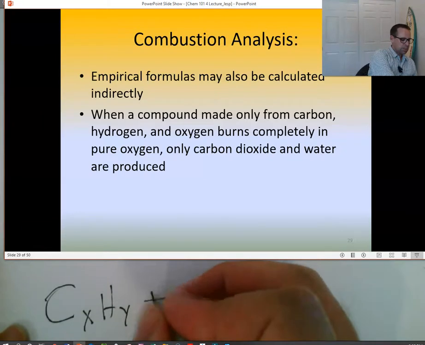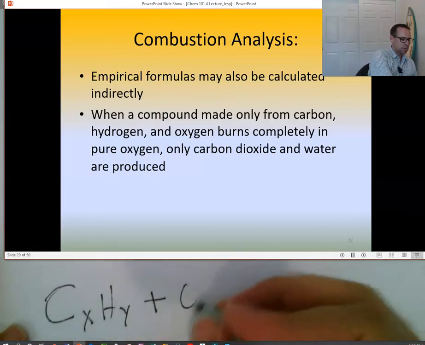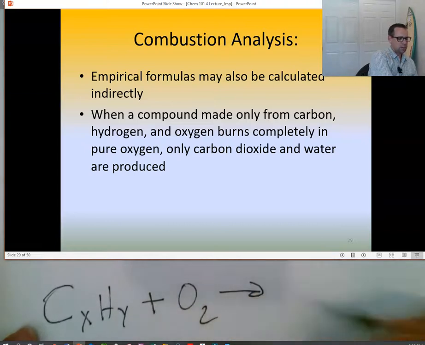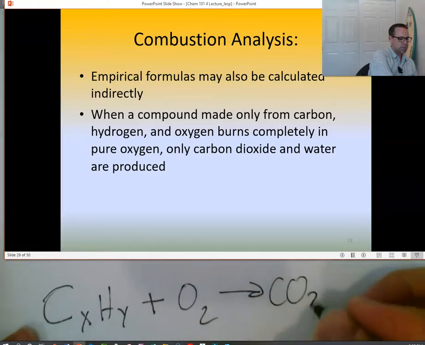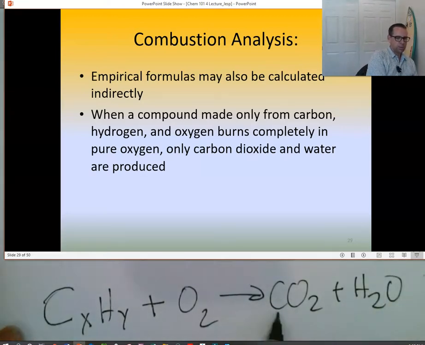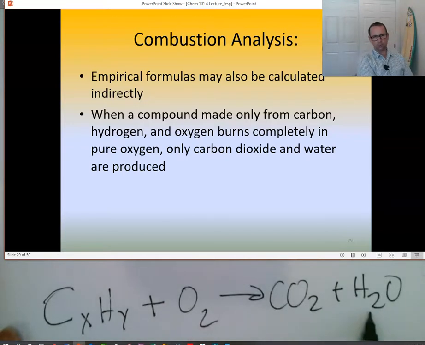And combustion means combining that organic compound with oxygen gas. When you do that, the products are carbon dioxide and water. The carbon goes with the oxygen to form carbon dioxide, and the hydrogen in the compound goes with the oxygen to form water.